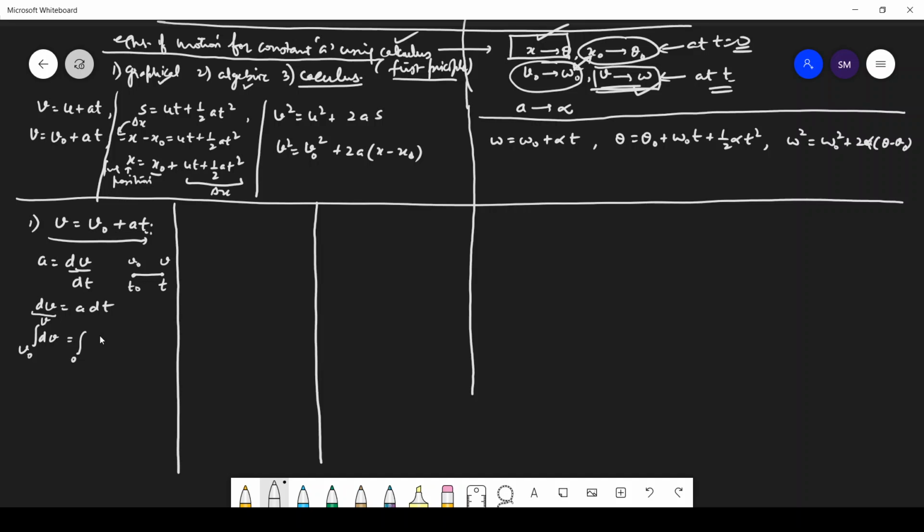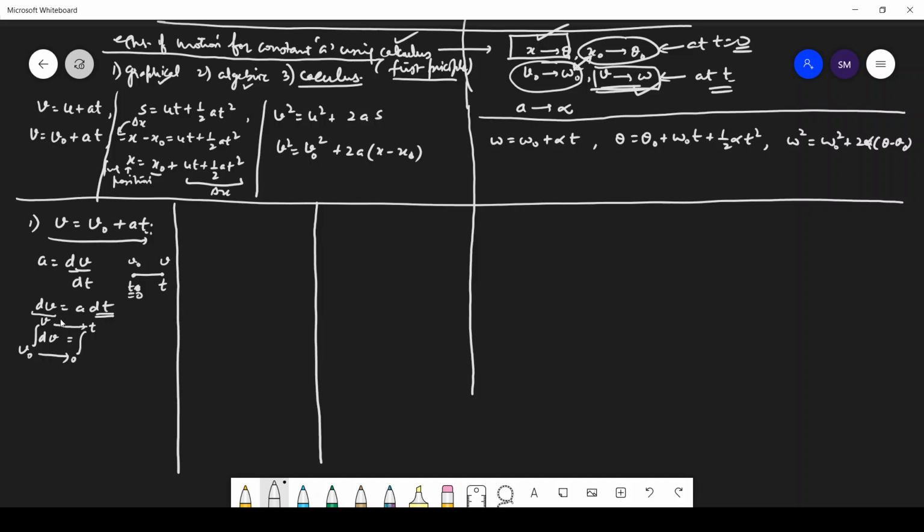Here time t0 was 0, so t is equal to 0 to time t, because here I have dt, so I need to put the limits of time. Here it was change in velocity, so I need to put the limits of velocity, but the time was 0 when the velocity was v0, and time was t when the velocity was v.